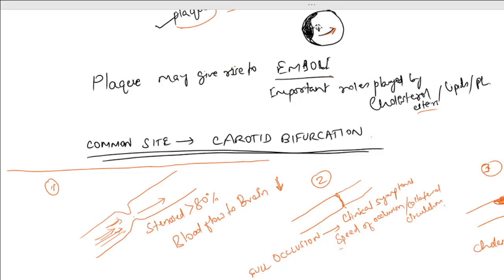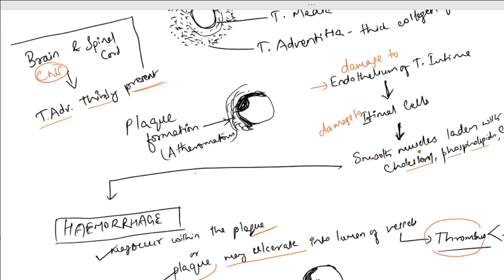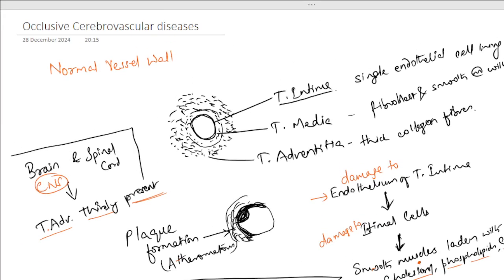This ulceration can actually give rise to cholesterol emboli, platelet emboli, and this can cause havoc. Understood my point? So these three situations you can understand. Now, pathophysiology involving different chemicals we are going to see in next class, no doubt. But pathophysiology in terms of what is happening in that particular area can be understood easily.